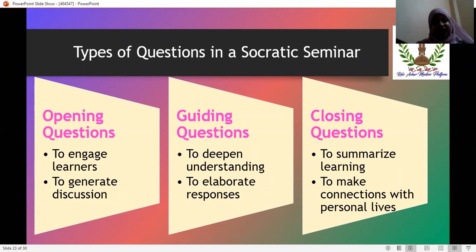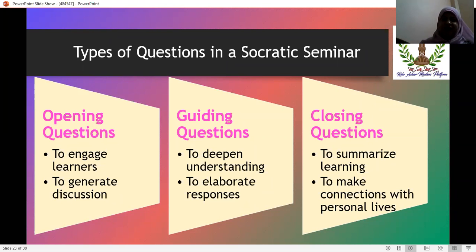And to elaborate responses means if one of the students gives a short answer, you can give another question to help them get more ideas. And at the closing, you summarize what happened and connect it with your personal lives.